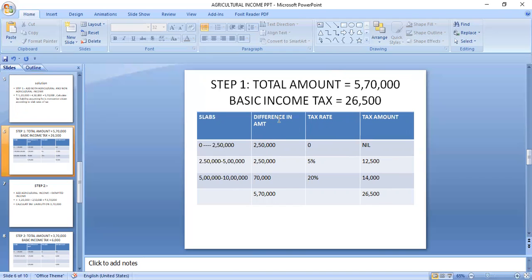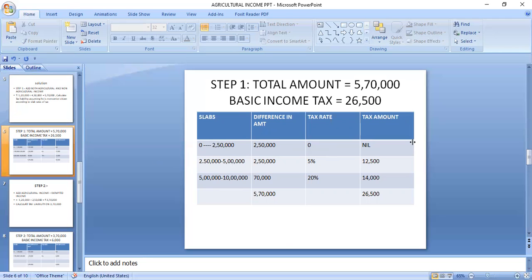The second column total should be 5,70,000, because we clubbed non-agri income and agri income: 1,20,000 and 4,50,000 gives 5,70,000. This comes in the third category. First category, 2.5 lakhs, difference is 2.5 lakhs, zero tax rate, nil amount. Second category, 2.5 to 5, difference is 2.5, 5% tax rate, 12,500 is the tax amount.